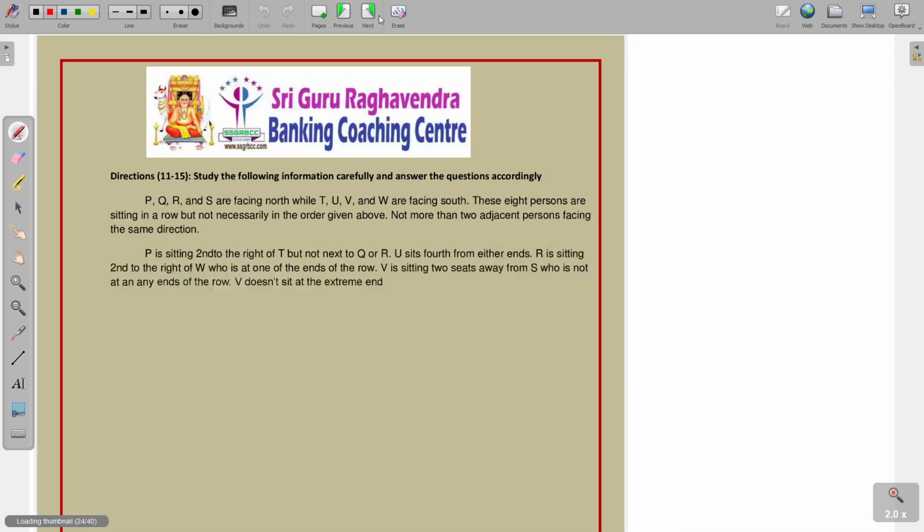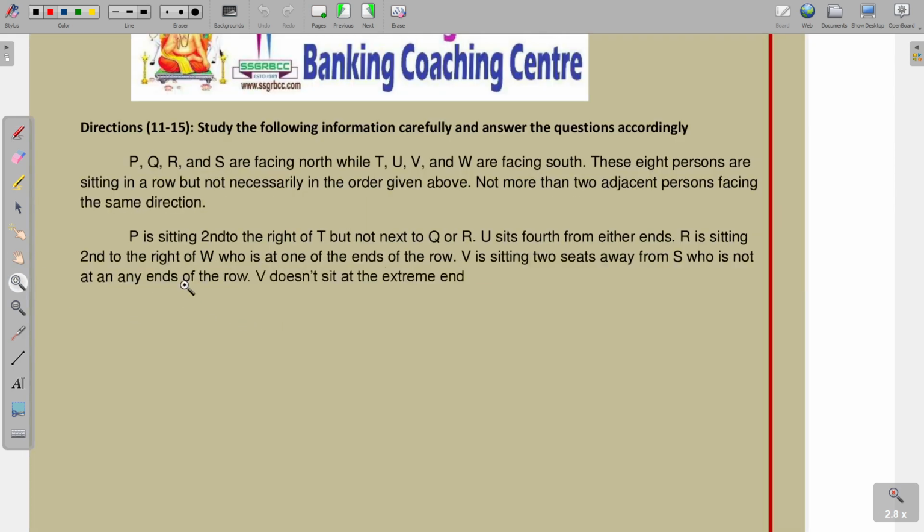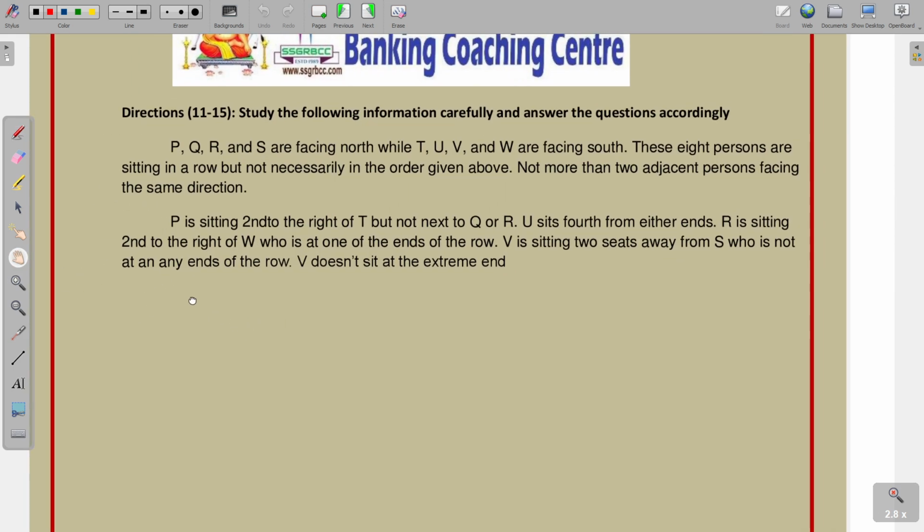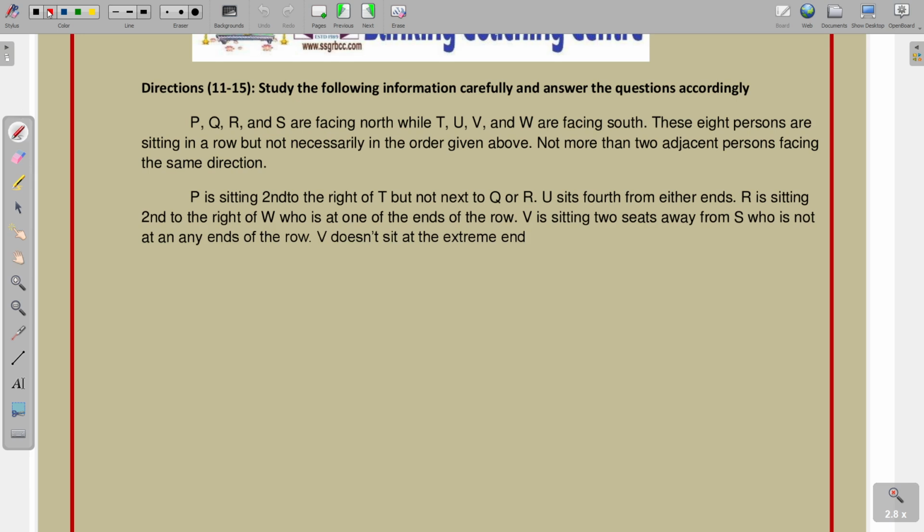Next question number 11 to 15, we have one more puzzle. P, Q, R and S are facing north, T, U, V, W are facing south. So, here P, Q, R, S facing north and T, U, V and W facing south direction.